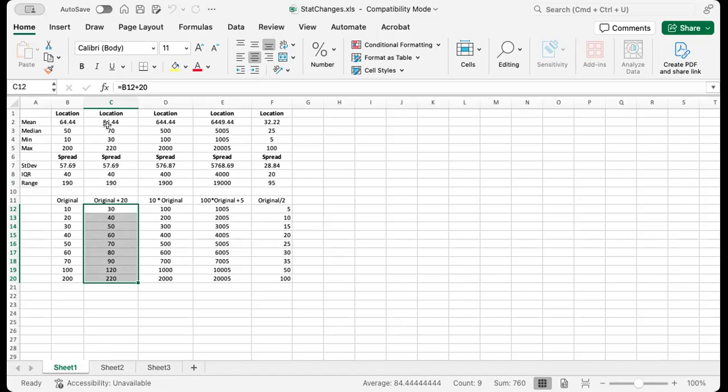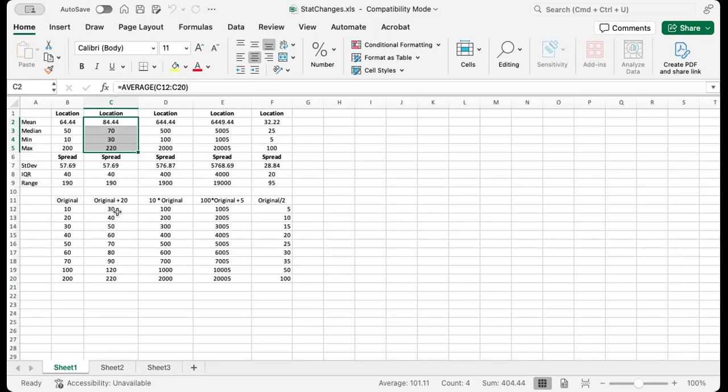Now, look on top. What do you see? What has happened to the measures of location? So these are the measures of location. Compare this one to this one. What can you see? So you can see that they have increased by 20. Do you all agree with that? So what happens to the measures of location? Have they changed or they have not changed? So the measures of location changed when we what? We shifted. Is that okay? So adding 20 means we have what?